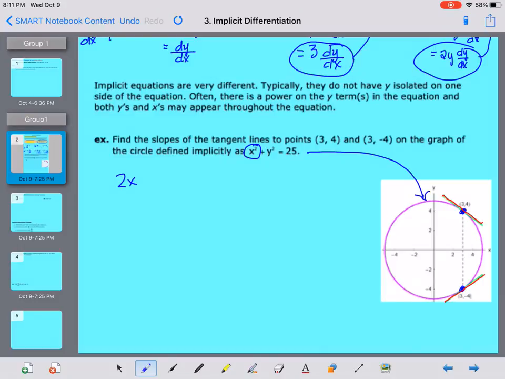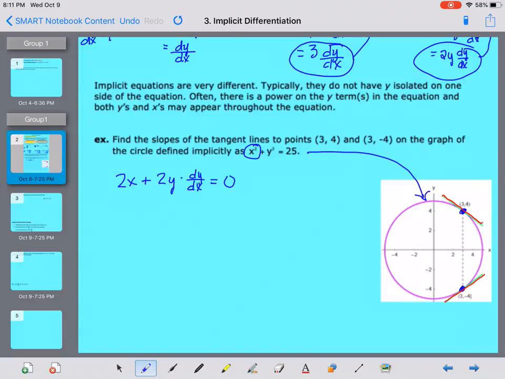That's not different because x is the independent variable here. Then we go plus, and when we take the derivative of the dependent variable, we wind up getting 2y times the derivative of the inside. The derivative of the inside of a dependent variable is always going to be d whatever over dx, in this case dy dx. And of course equals, and then the derivative of 25 is going to be 0.